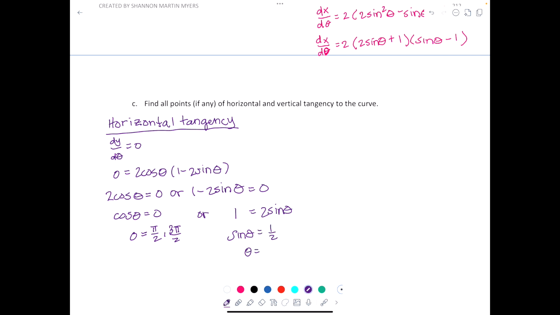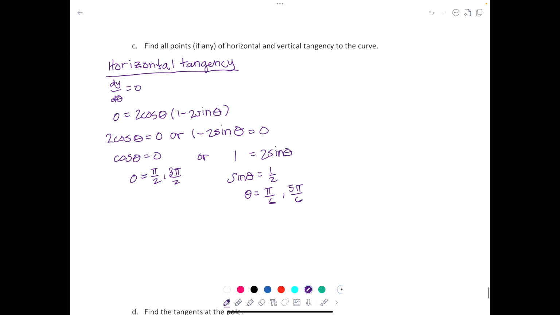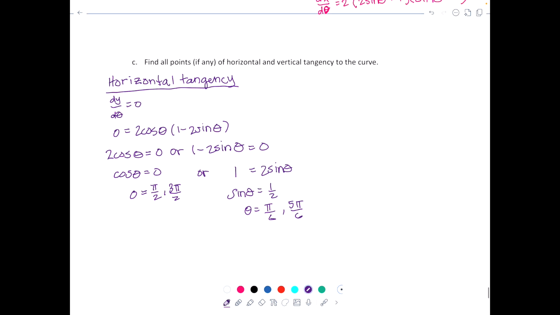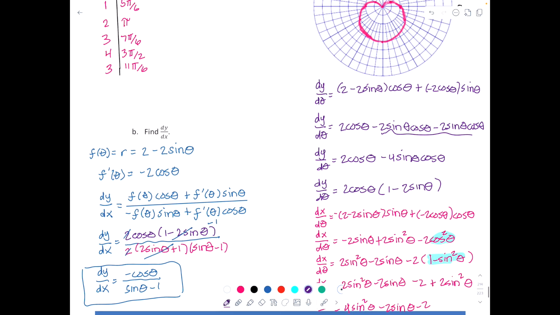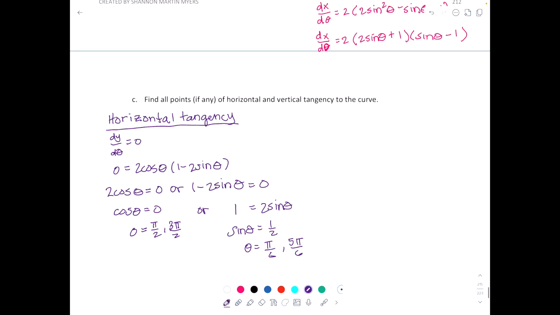And that happens when theta is pi over 6 and 7 pi, no, not 7 pi, my bad, 5 pi over 6. So in those first two quadrants. And so we already have the matching values because we found those. Remember when we were doing the points? So at pi over 6 and 7 pi over 6, r is 1. And at 7 pi over 6, r is 3 from our graph.